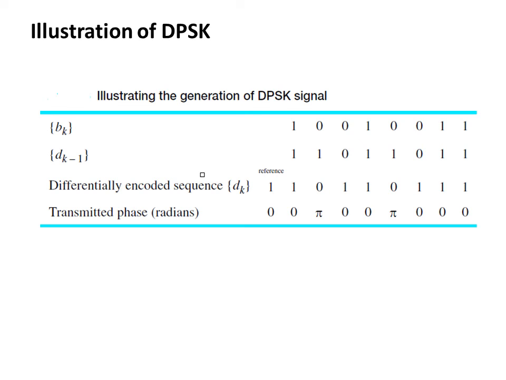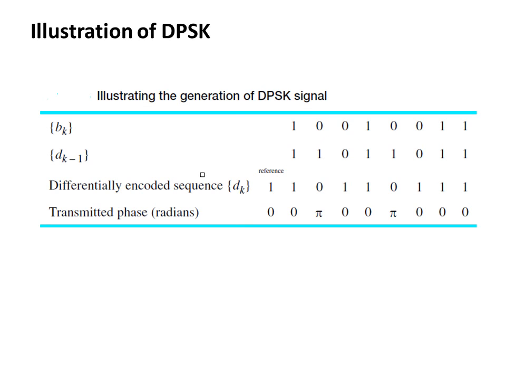Now let me explain the generation of the differentially encoded sequence. Here bk is nothing but the original input binary sequence, for example 10010011. Now the reference bit considered is 1, so let us consider dk minus 1 also as 1.